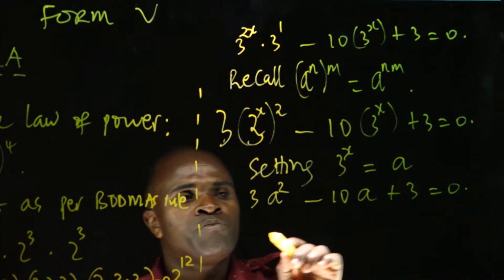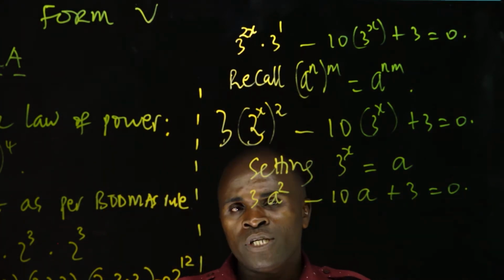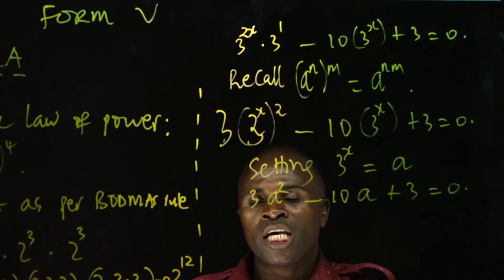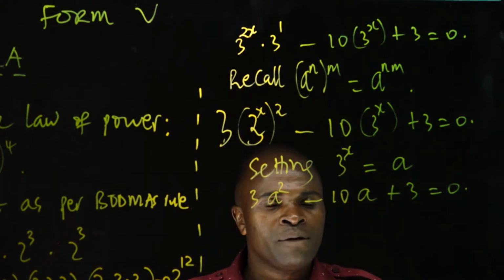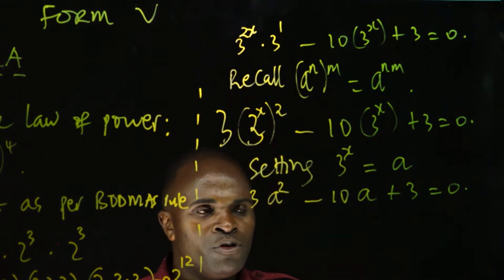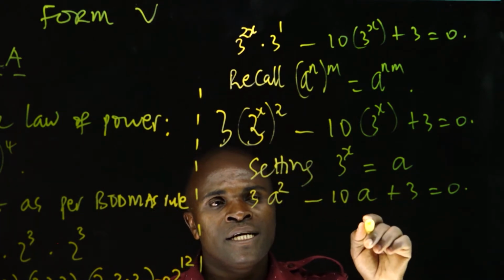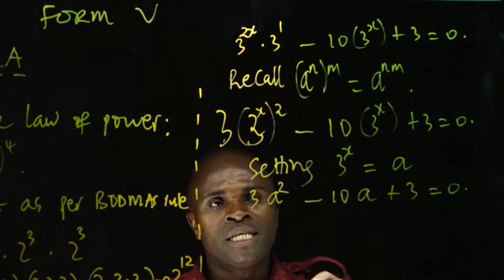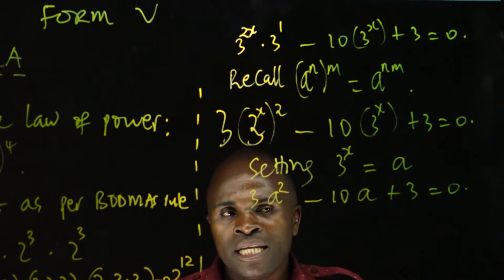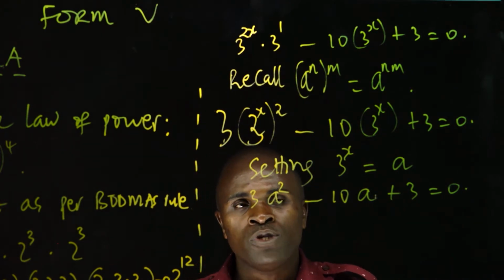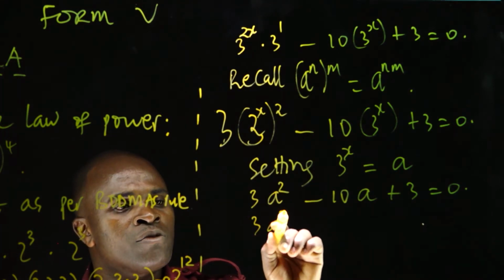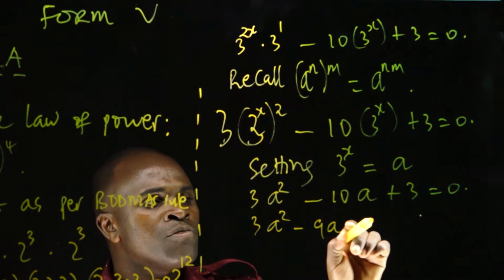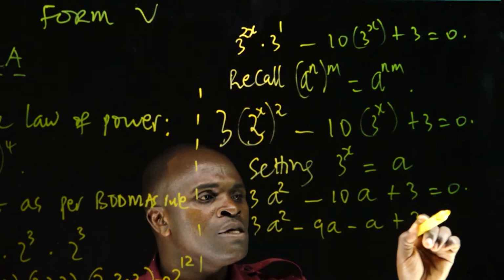Now this is a simple quadratic equation in which the word quadra, taking the exponent of 2, we could be solving this by splitting the middle term. Splitting the middle term, you'll find 3 times 3 is 9. So numbers switching for splitting is negative 9 and negative 1, which is true. So here we'll be taking 3a square minus 9a minus a plus 3.